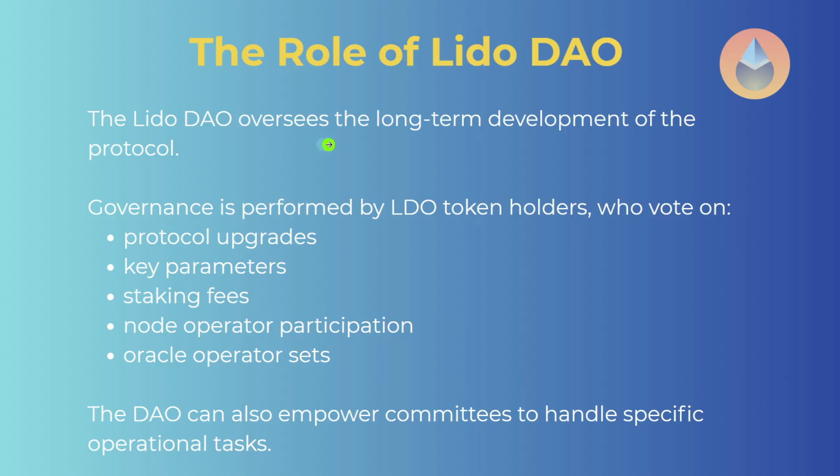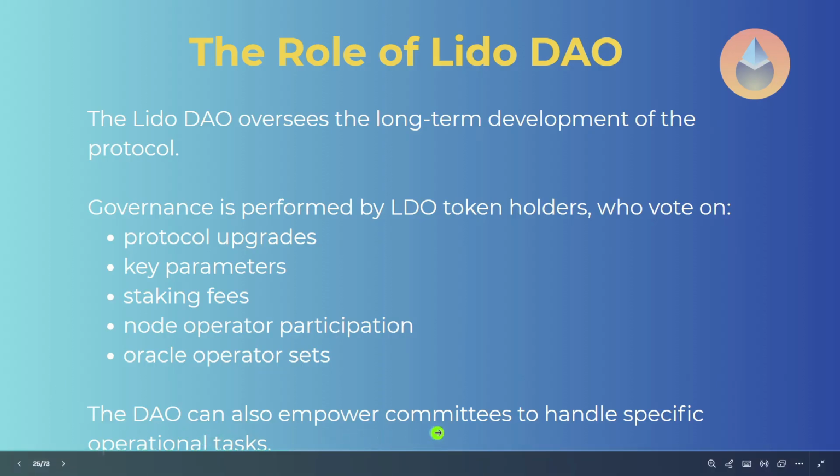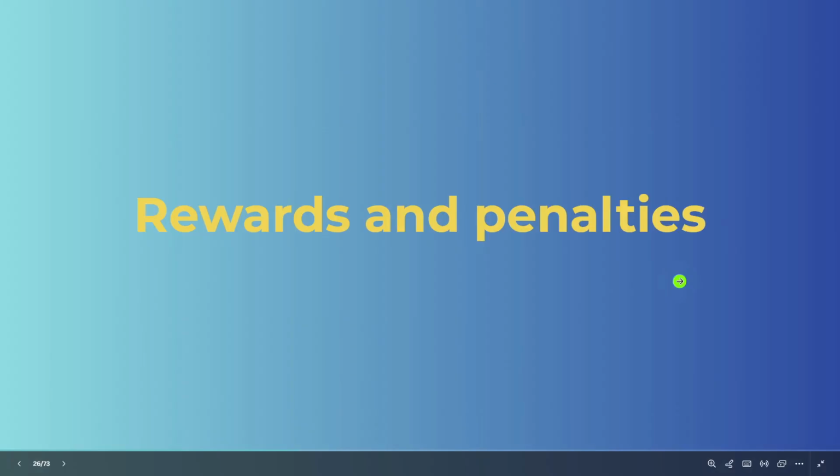The Lido DAO oversees the long-term development of the protocol. So, the governance is performed by LDO token holders, as we will see in more detail later on, who vote on protocol upgrades, key parameters, staking fees, node operator participation, and oracle operator sets. So the DAO can also empower committees to handle specific operational tasks.